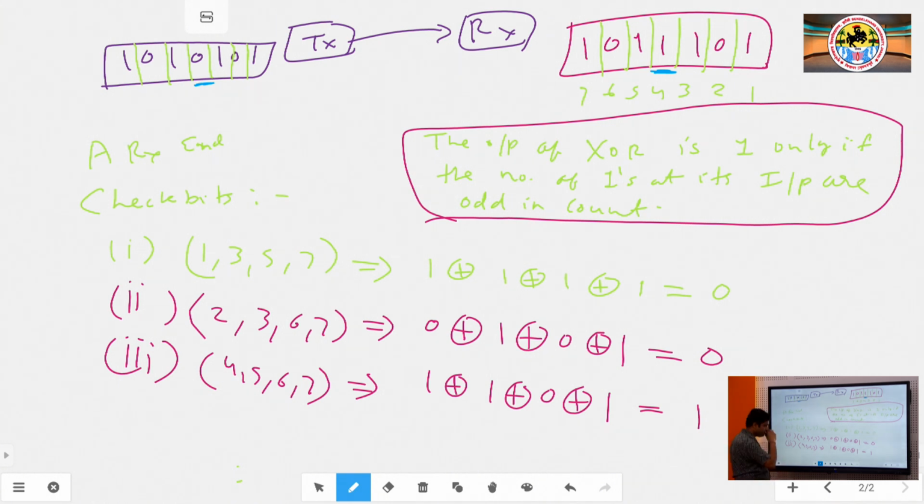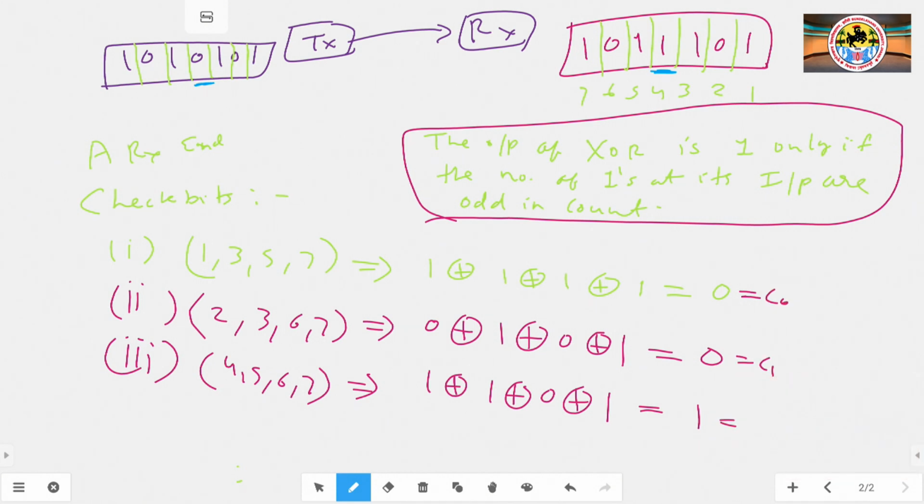So, these bits are C0, C1, C2. We write these bits as C0, C1, C2 equal to 1, 0, 0.